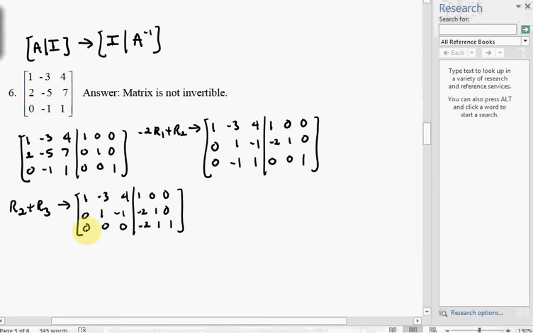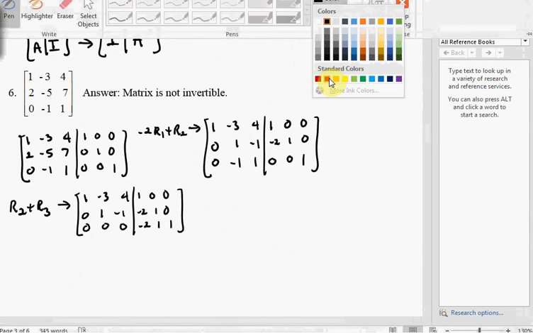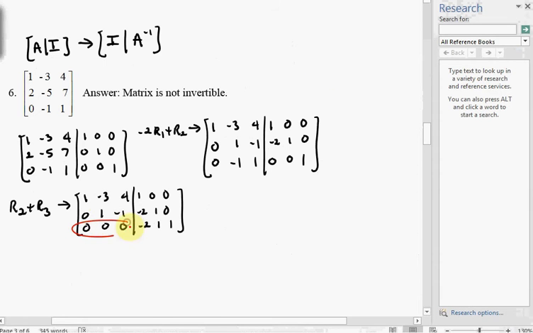You see those zeros right there, that third row, all zeros? You stop. Because here where that 0 is at A33, that can never be a 1. And so we cannot produce the identity. The left side will not produce the identity. So because of that, the inverse does not exist.